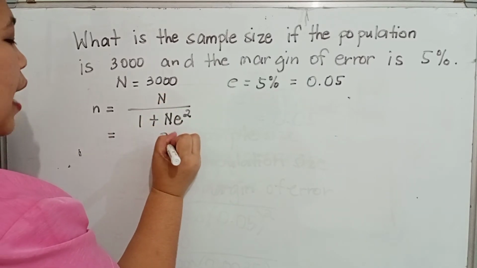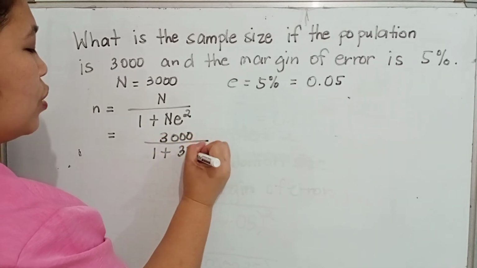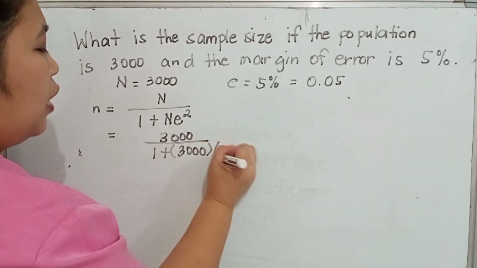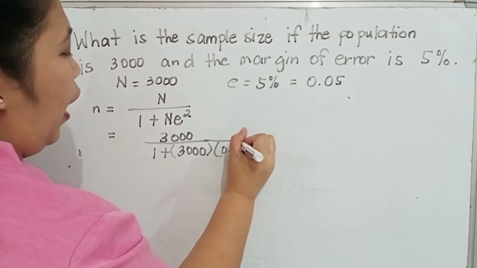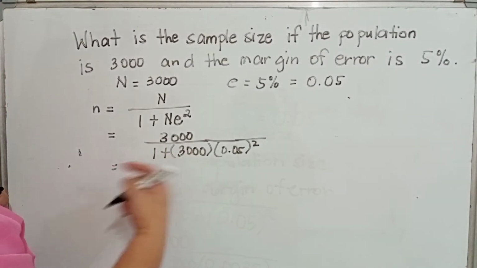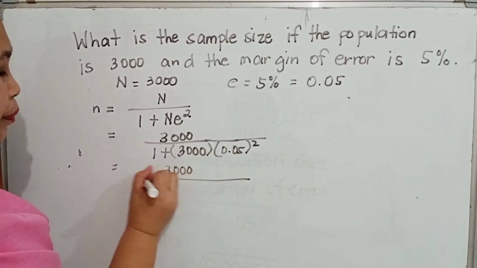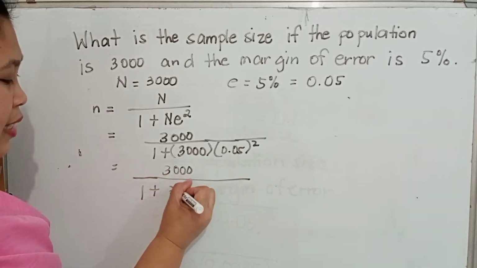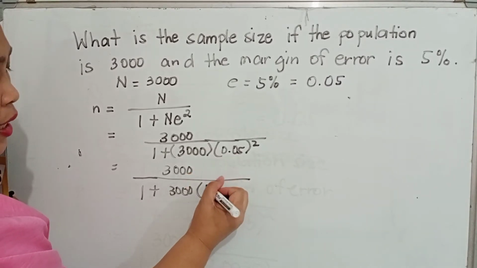So our population size is equal to 3,000, all over 1 plus the population size, 3,000, multiplied by our margin of error, 0.05, quantity squared. Okay? Then let us multiply and perform the indicated operations. So you have 3,000 all over 1 plus 3,000 times, of course, the square of 0.05, which is 0.0025.